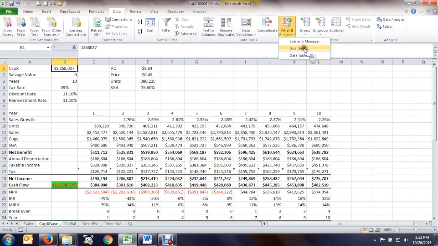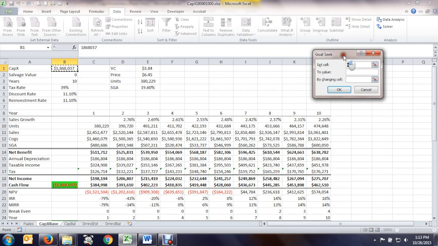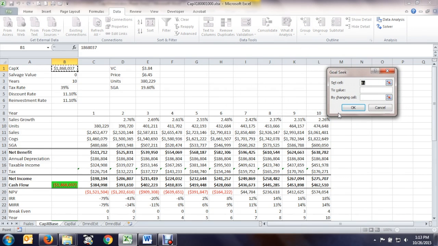What-if analysis, we're going to go to GoalSeek. And your boss comes up to you and he says, well, I've reviewed, I see that we're breaking even in year 7. The company says we have to break even in year 5 no matter what. So what kind of price change do I need to do in order to get a 0 NPV in year 5?